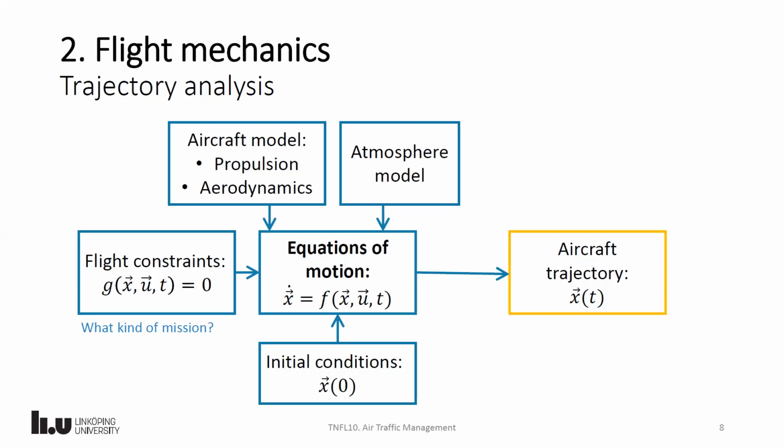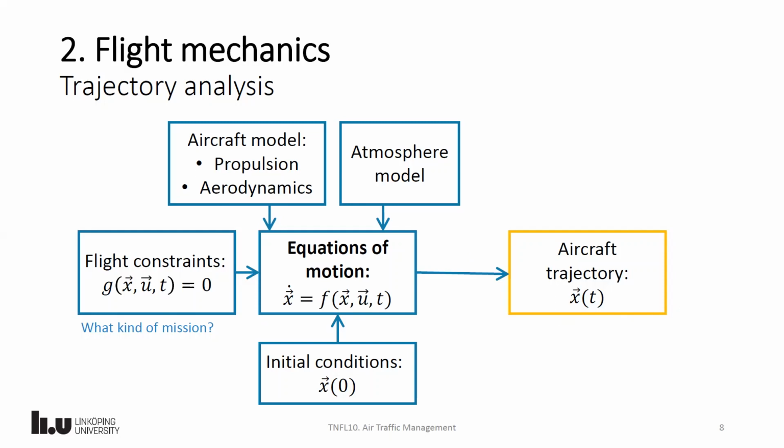This kind of mission can be, for example, a flight which is done with a constant altitude, or for example, an ascending trajectory after the takeoff. So all those things are going to be included in the flight constraints. So with all these four information boxes we feed the equations of motion, and through integration we obtain the aircraft trajectory.